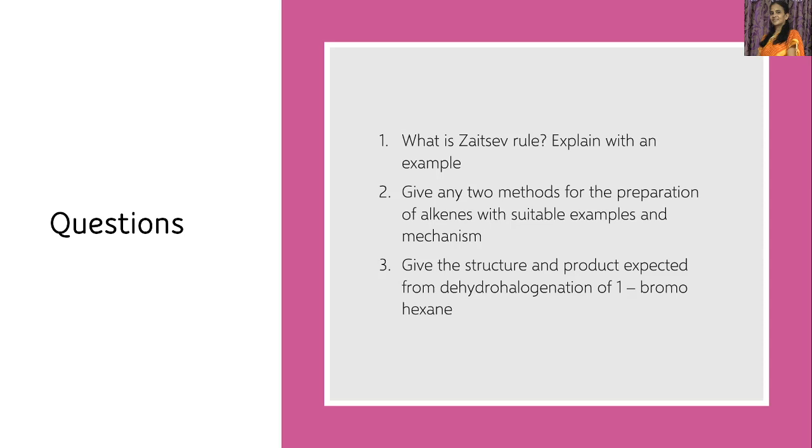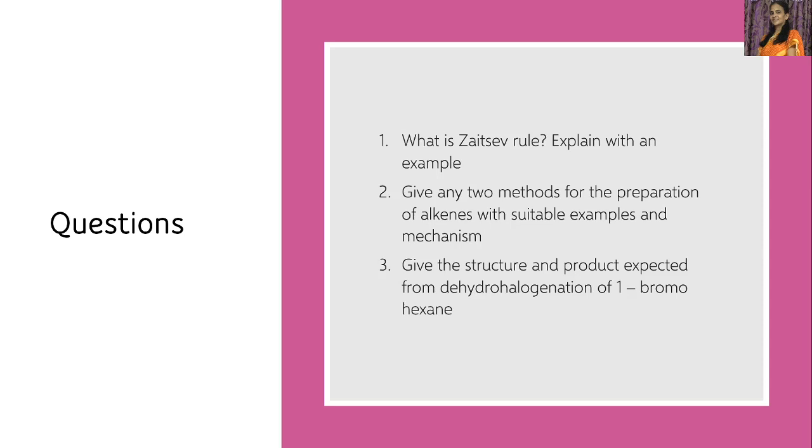Questions we come across on this topic, which we have covered today. The first one: what is Zaitsev's rule? Explain with an example. Just now we have discussed. The next one: give any two methods for the preparation of alkenes with suitable examples and mechanism. Dehydration of alcohols, dehydrohalogenation of alkyl halides, or dehalogenation of dihalides.